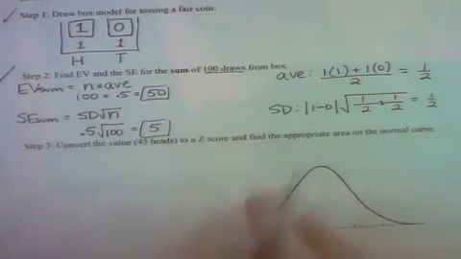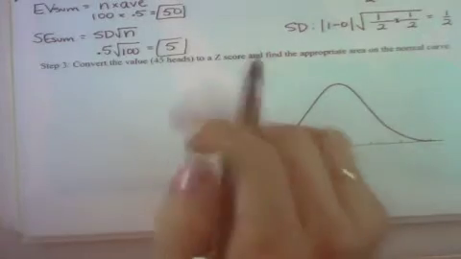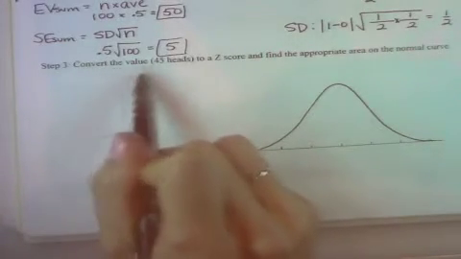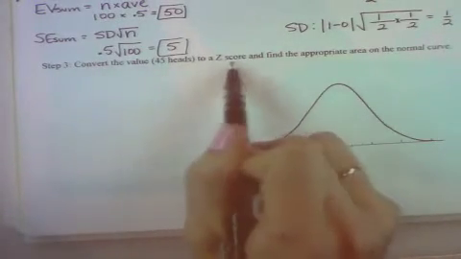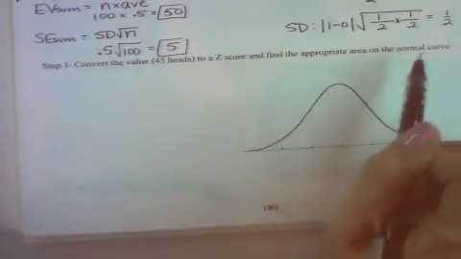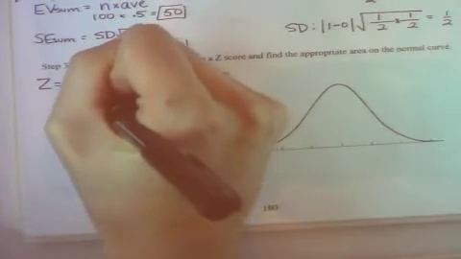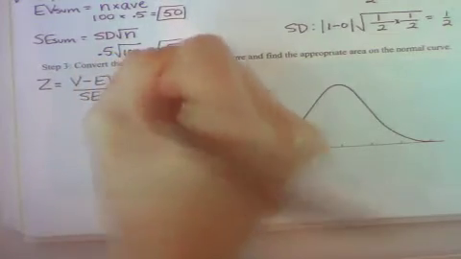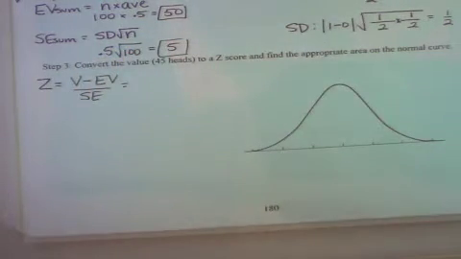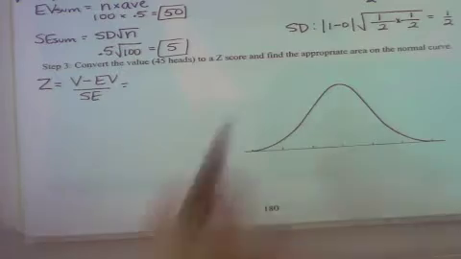So step 3, this is new. Well, not really though. We know this too. Convert the value, 45 heads, to a z-score and find the appropriate area on the normal curve. So let's go back to our new best friend, our z-score formula. Z is equal to the value minus the expected value over the standard error. And the part that everybody gets hung up on is, what the heck is this value? Well, go back to what the problem's asking us.